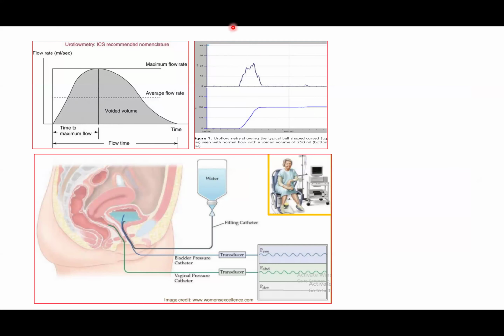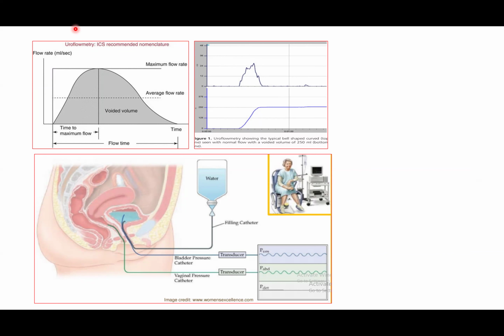That usually starts from zero, and in the filling phase, two transducers are usually used, and catheterization is also done. One transducer is inserted into the urinary bladder, which is filled with normal saline, and it measures the intravesical pressure.